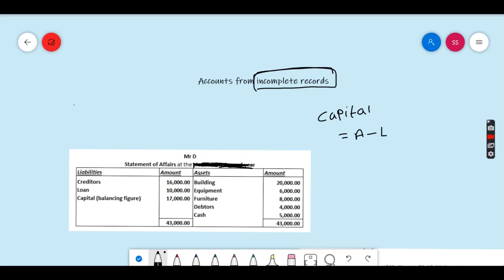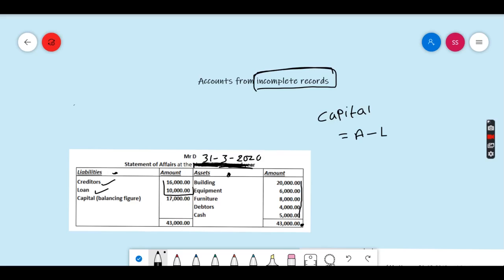So it will look like this. Let's just say this is the closing capital on 31-3-2020, at the end of the year. Whatever liabilities and assets they gave are all closing liabilities and closing assets. First you add up all the assets. You will get 43,000, and minus the closing liabilities, which are creditors and loan.